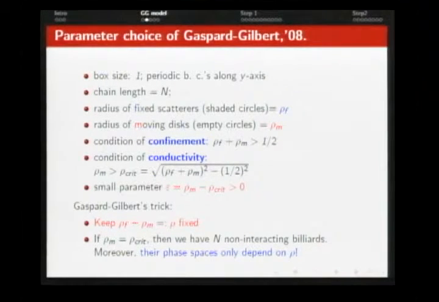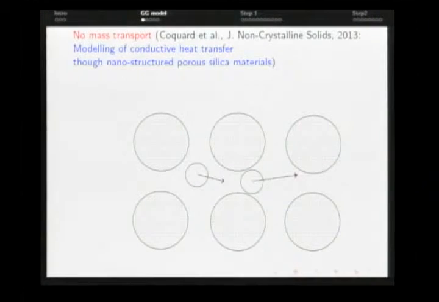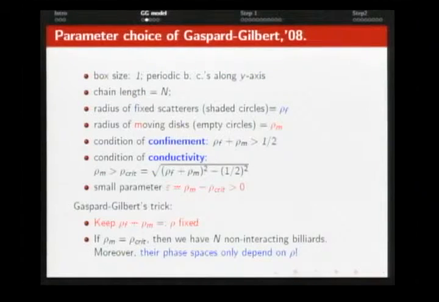We assume that we have periodic boundary conditions along the y-axis. It's not so important. The notations: the radius of the fixed scatterers, the shaded circles, is rho f. The radius of the moving disk is equal to rho m.